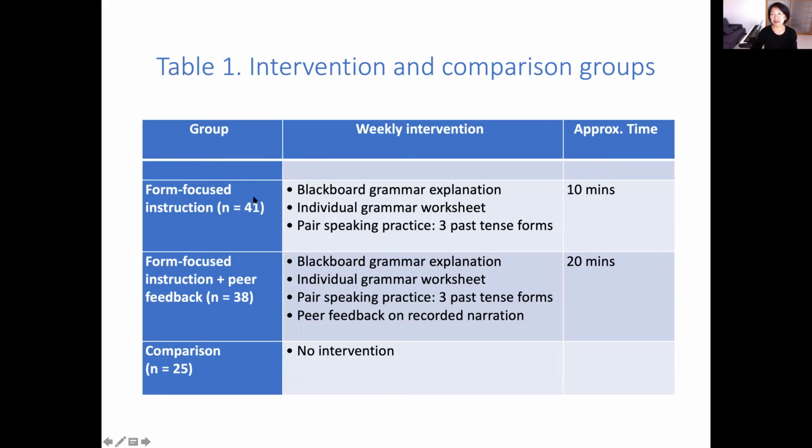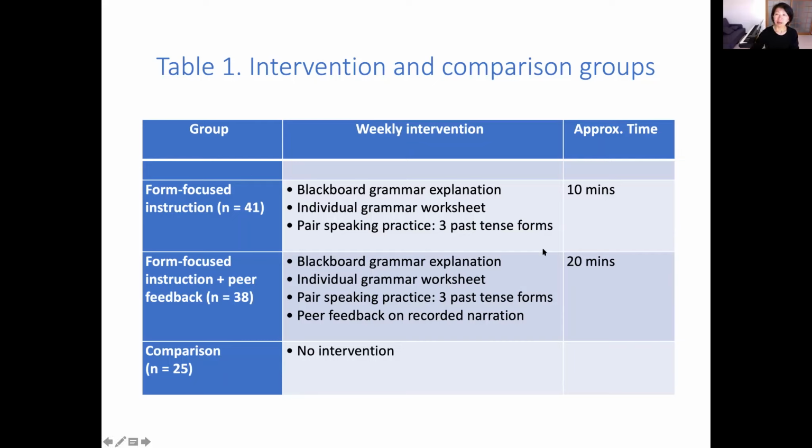The first intervention group received blackboard grammar explanation. I used a grammar textbook, and I focused on past tense usage. Why did I choose past tense usage? It is because even very advanced learners make very careless mistakes with past tense usage, and I have spoken to other colleagues and researchers who feel this is an area that needs to be looked at.